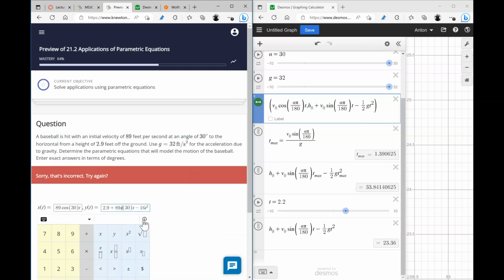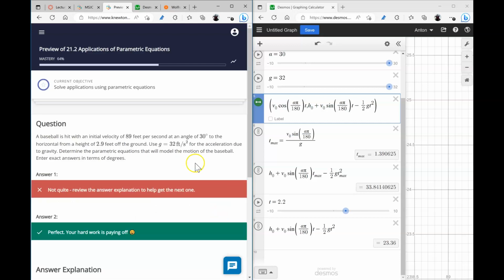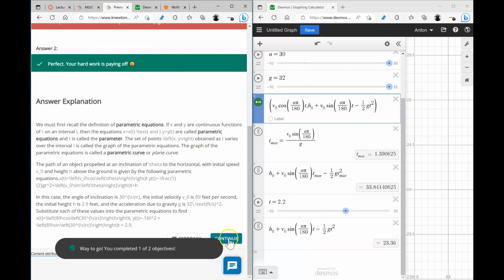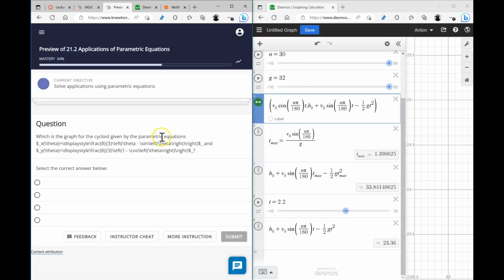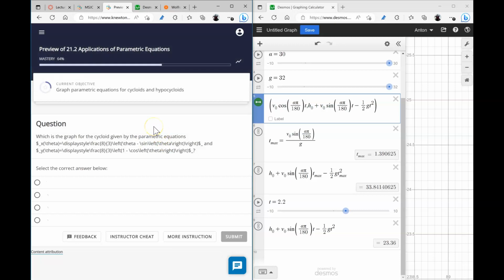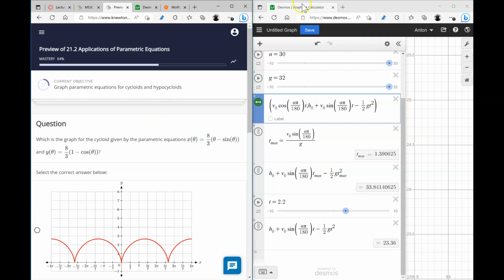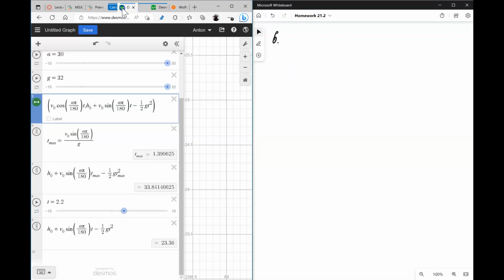Oh, forgot this is sine. All right, so this was my punishment for not paying attention the first time. And let's move on. Let's treat this as number 6.